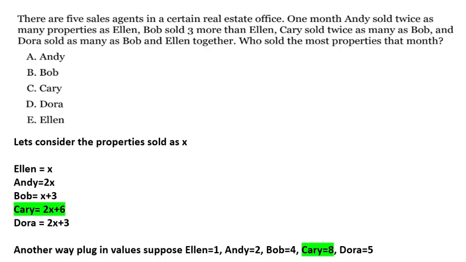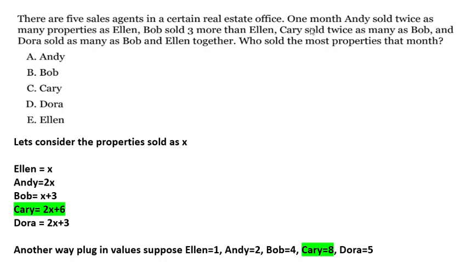Or the second way is to actually plug in some values and then look at the relationships that are specified here and then find out who has sold the most. So we'll look at both these ways in solving this problem. Let's first look at considering X properties as being sold.